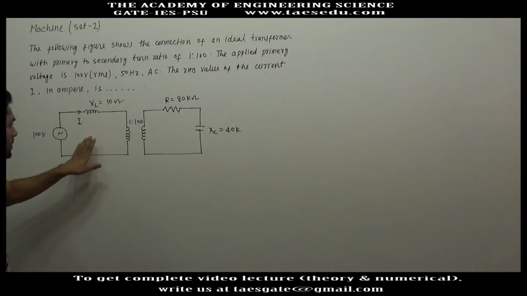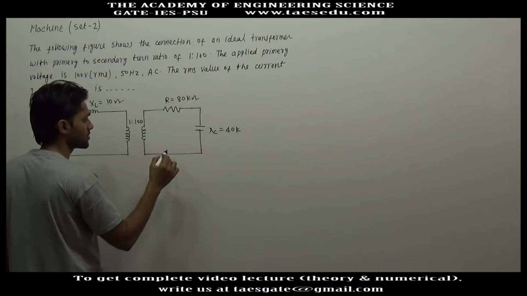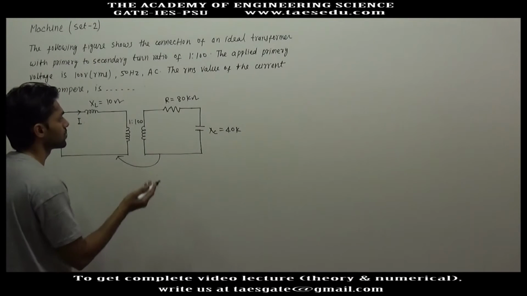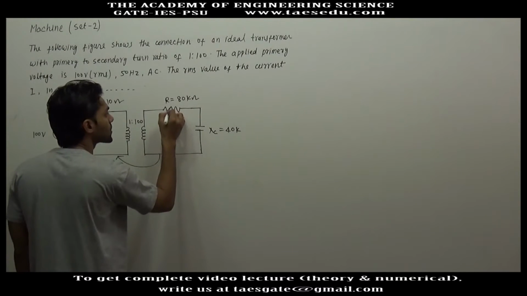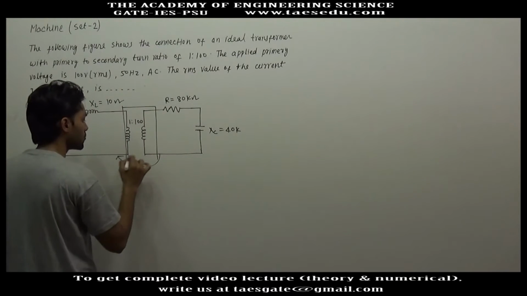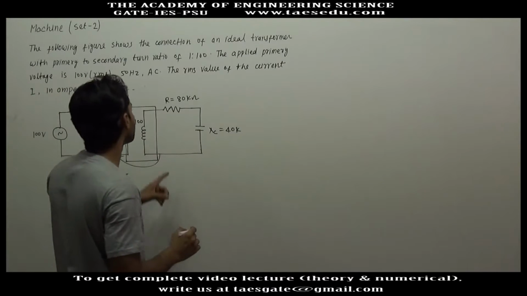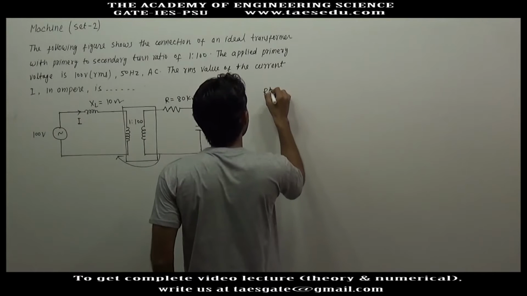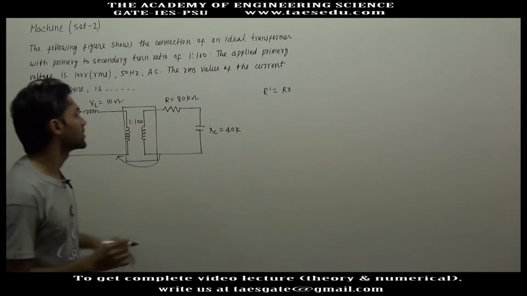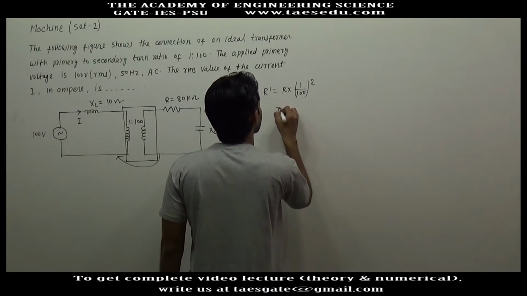So to find out this current, we will refer all the elements of the secondary side to the primary side. So while referring, these two windings will be diminished and this R will be R dash, which will be R into 1 by 100 whole square.